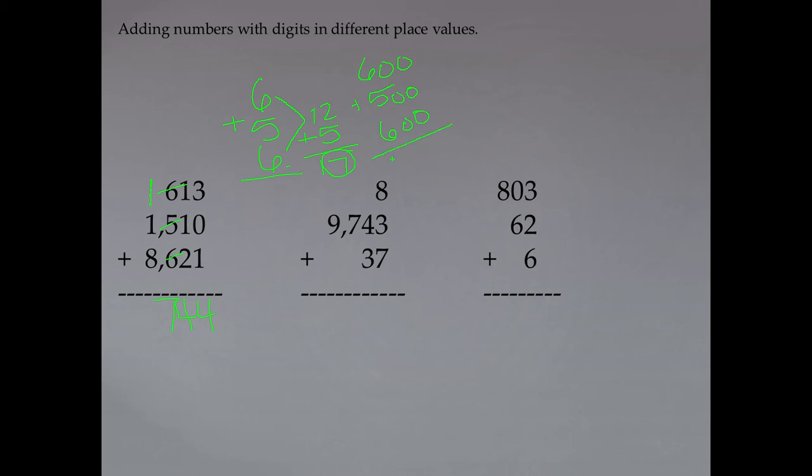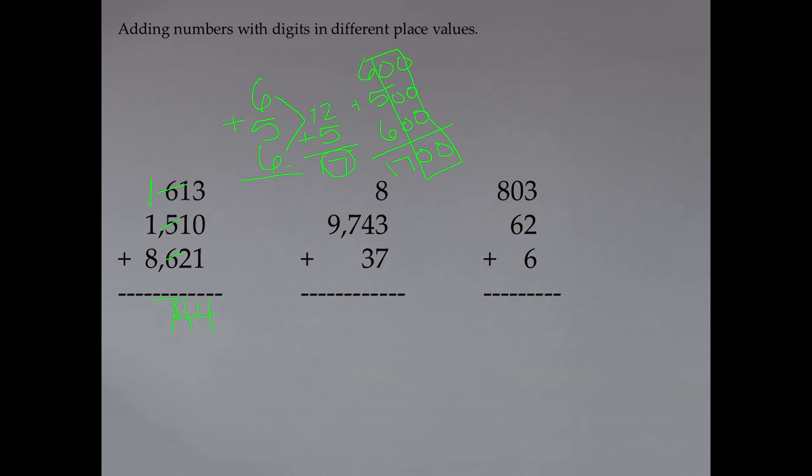So if I wrote this out, I would have 1,700. Well, because I know 0 plus 0 plus 0 equals 0, I simplified the problem by simply cutting off this piece. So I have 6 plus 5 plus 5 equals 17, where 600 plus 500 plus 500 equals 1,700.